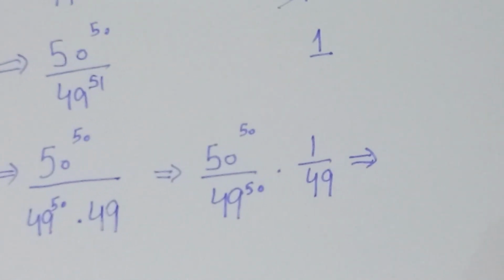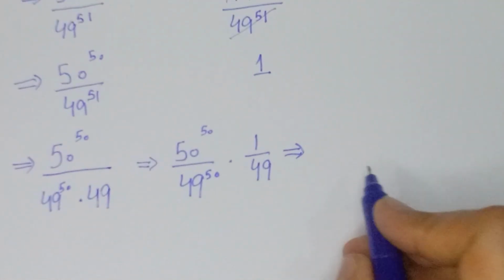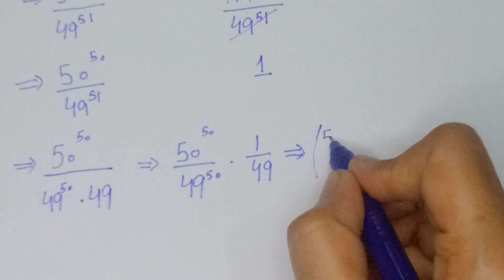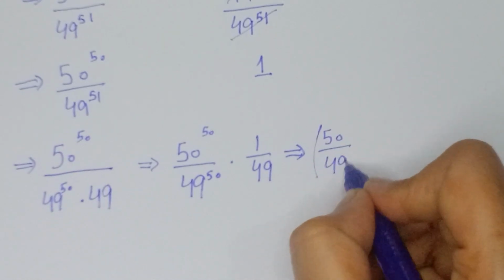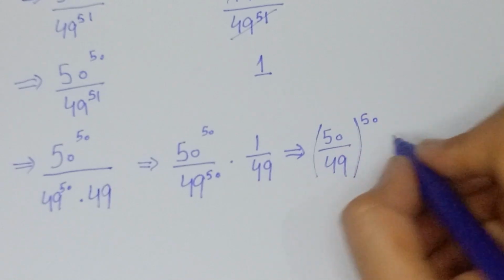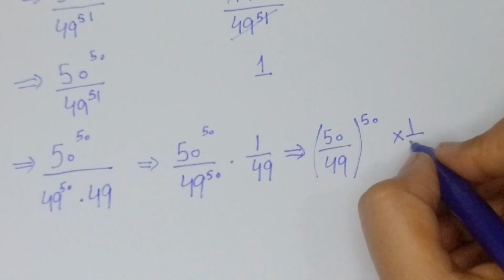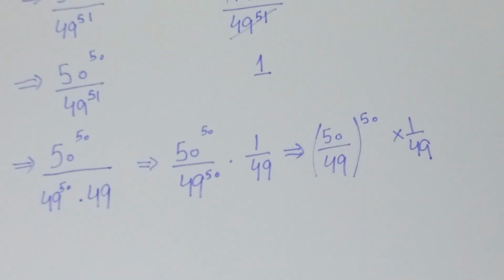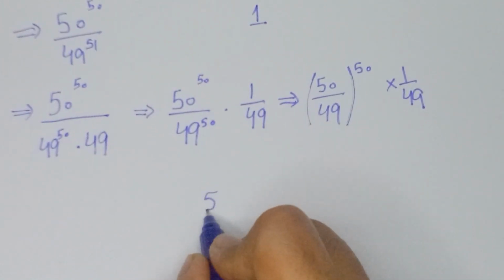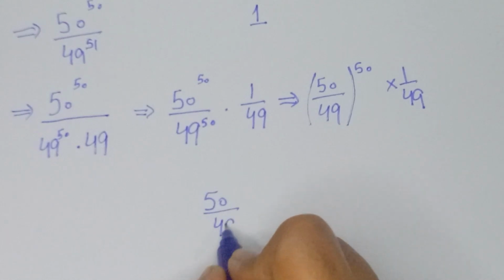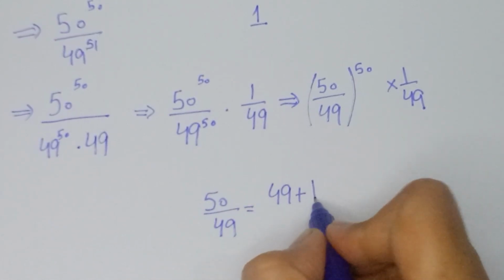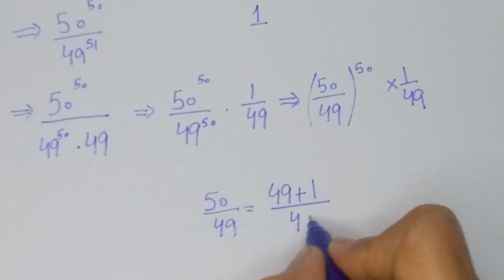So the exponent is the same, we can write it like 50 over 49 to the power of 50 into 1 divided by 49. Now 50 over 49 can be written as 49 plus 1 divided by 49.